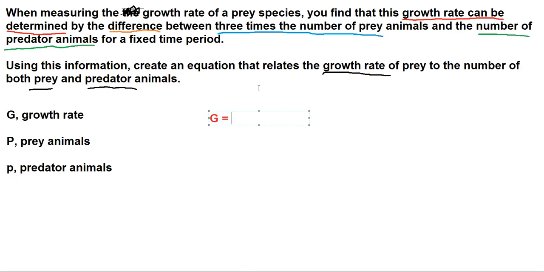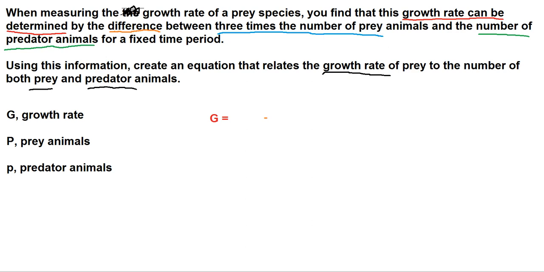Now, the orange thing here is telling us we're going to be taking the difference between 2 things. The word difference literally implies that we're going to be using a subtraction operator. Now, when it comes to taking a difference, you need to know what you're taking a difference between.